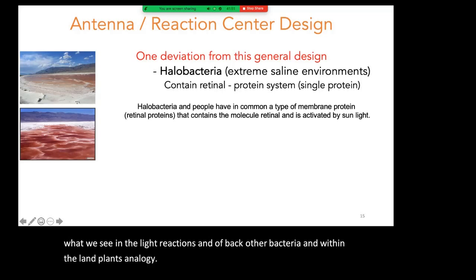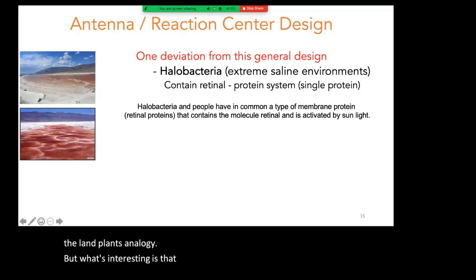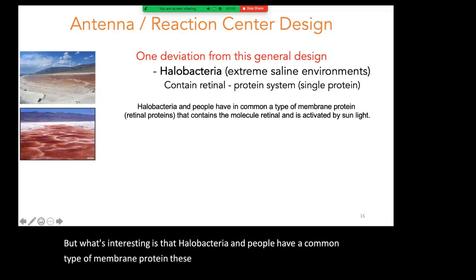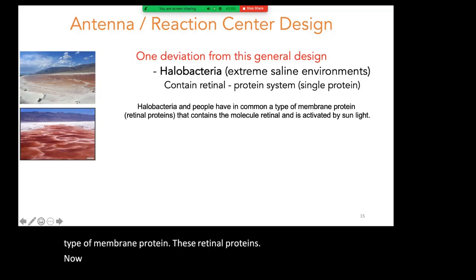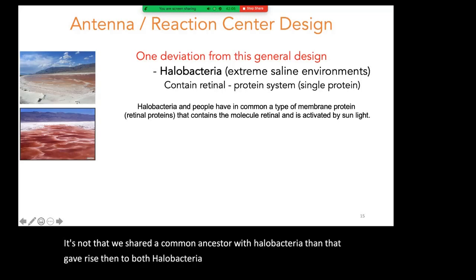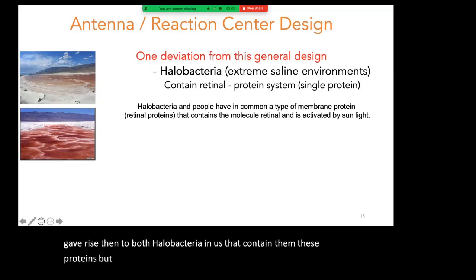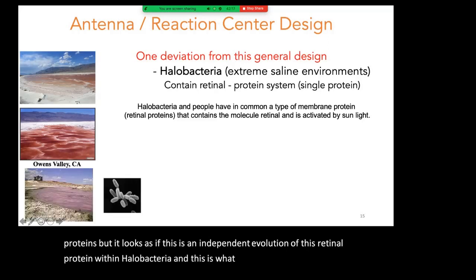What's interesting is that halobacteria and people actually have a common type of membrane protein, these retinal proteins. Now, it's not that we shared a common ancestor with halobacteria that gave rise to both halobacteria and us that contain these proteins, but it looks as if this is an independent evolution of this retinal protein within halobacteria. And this is what is activated by sunlight.